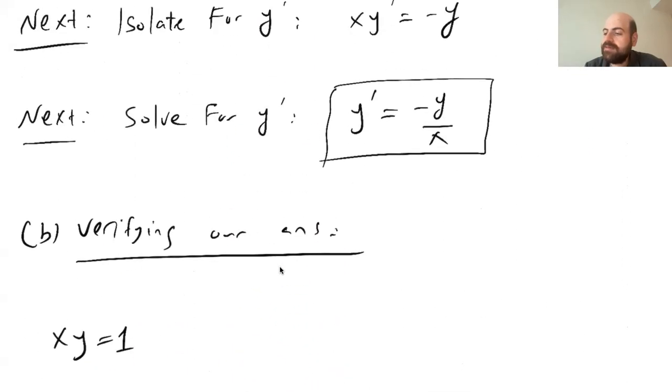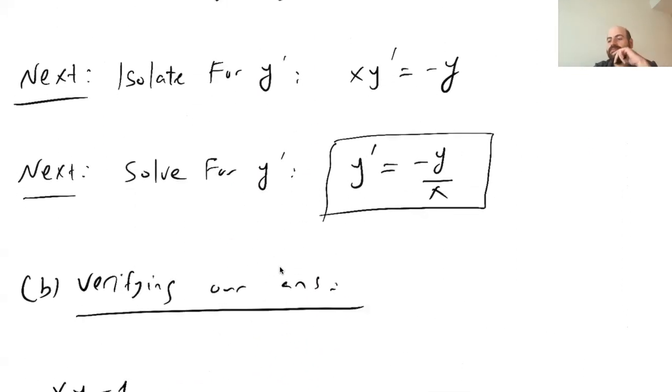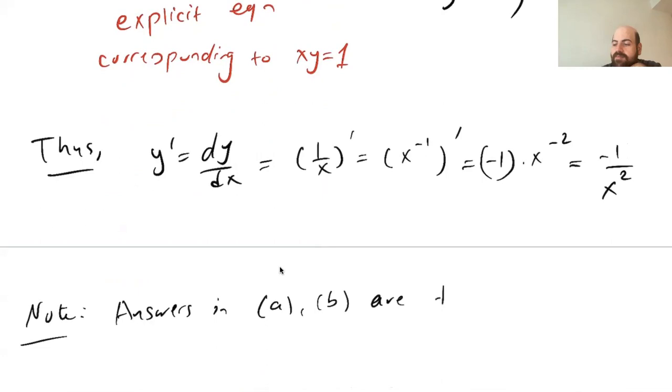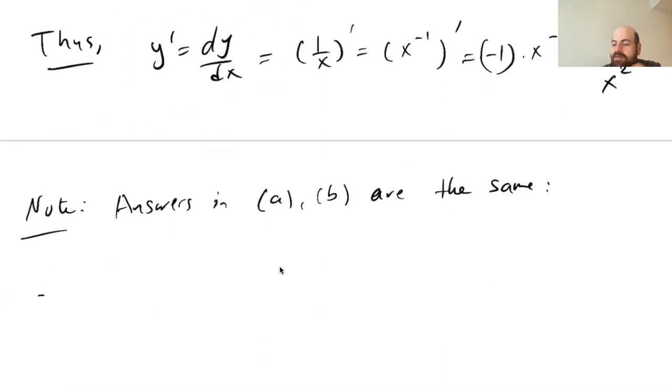So is this the same as the answer we got in part A? In part A, we got y prime equals minus y over x. In part B, we got y prime equals minus 1 over x squared. Are they the same? Note, the answers in part A and B are the same because in part A, we got minus y over x. But what is y? y is 1 over x.